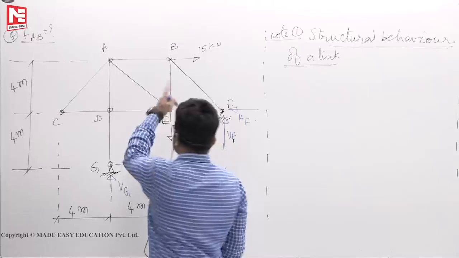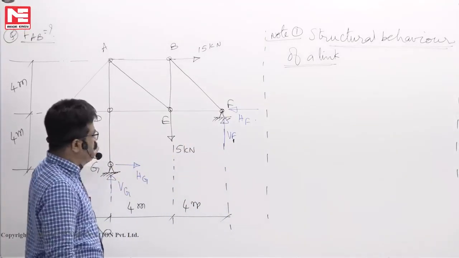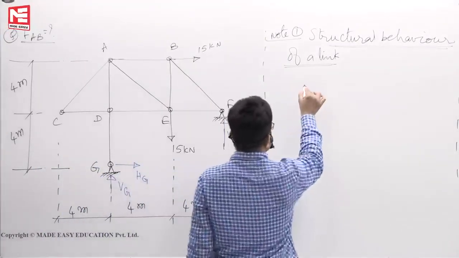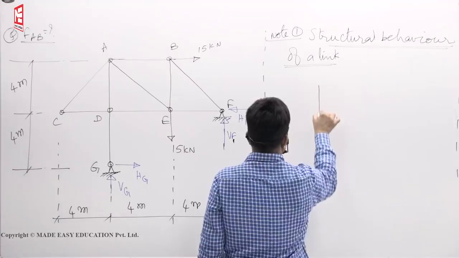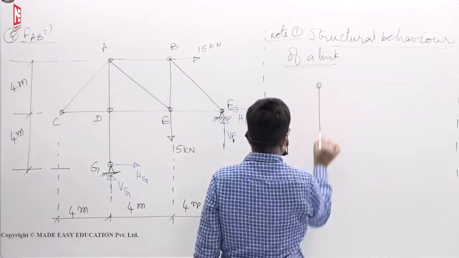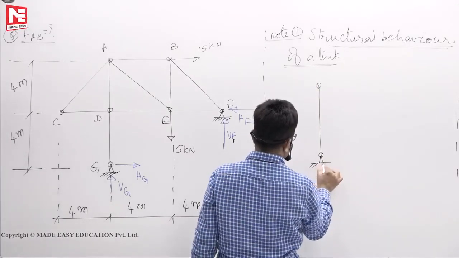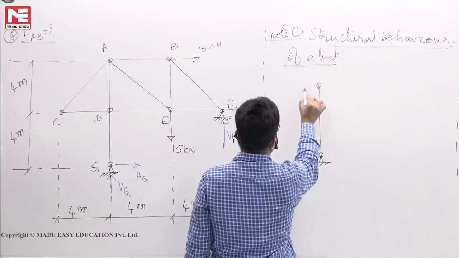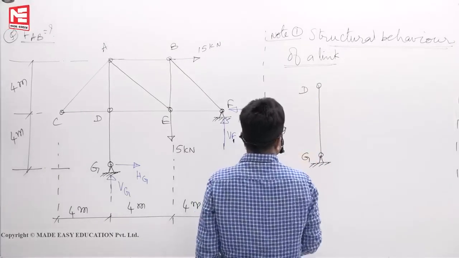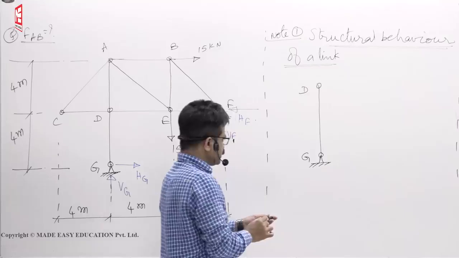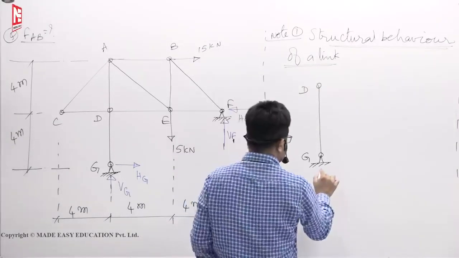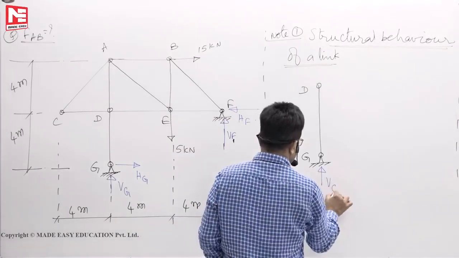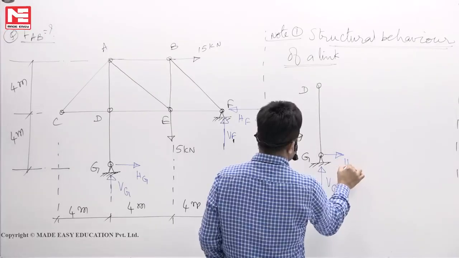Now you see, in this truss we will pluck out this DG member. The DG member is now looking like this. This is G, this is D, length some L, whatever distance is there. Now there are two reactions, Vg, Hg.